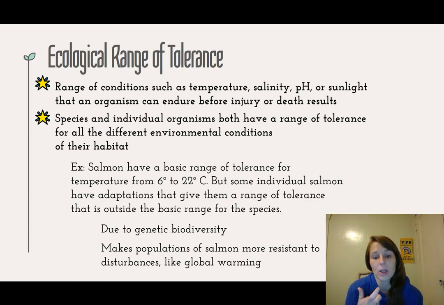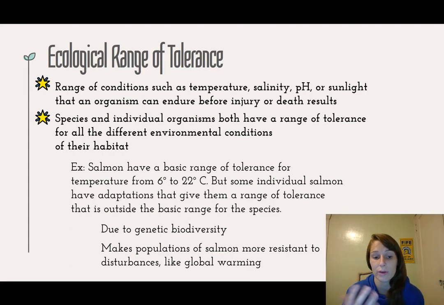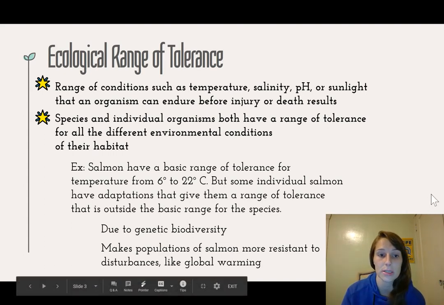So an example could be global warming. If global warming causes the temperatures to go up in the marine environment that these salmon are living in, they are still going to have a wide range so they can actually handle a bit of a shift. So they're more resistant to disturbances.